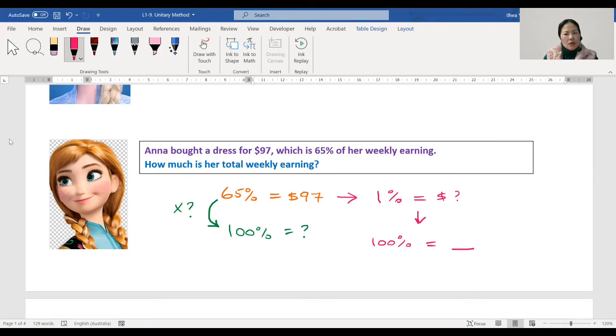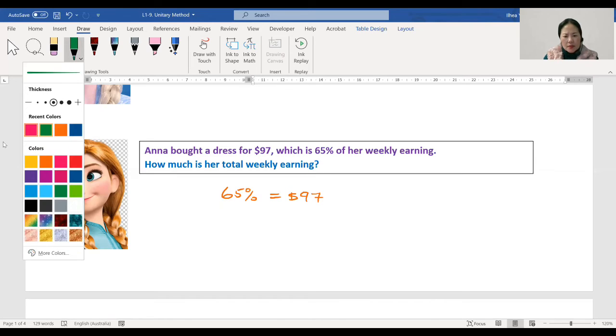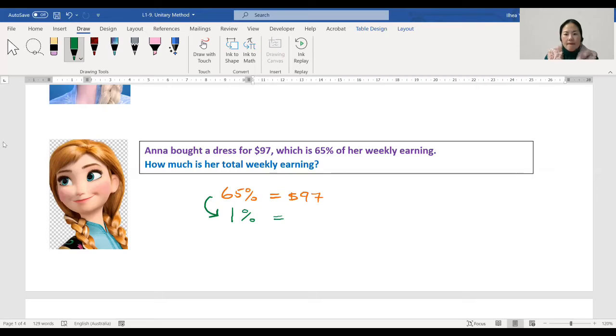I think that's easier than making 65% to 100%. Any suggestion? How are we going to make 65% to 1%? You divide by 65. Excellent, good job. The only way you can make 1 is by dividing by itself.